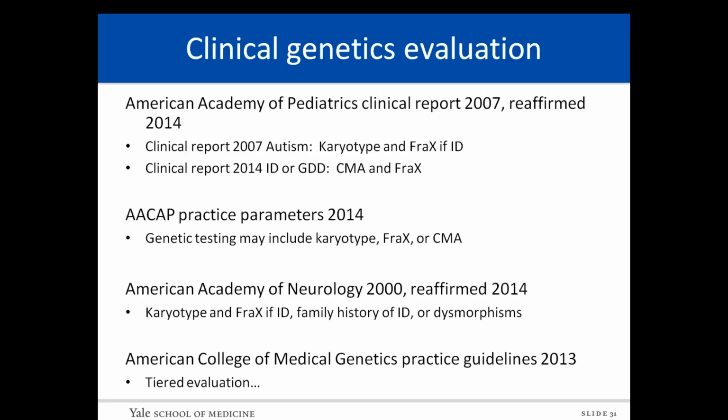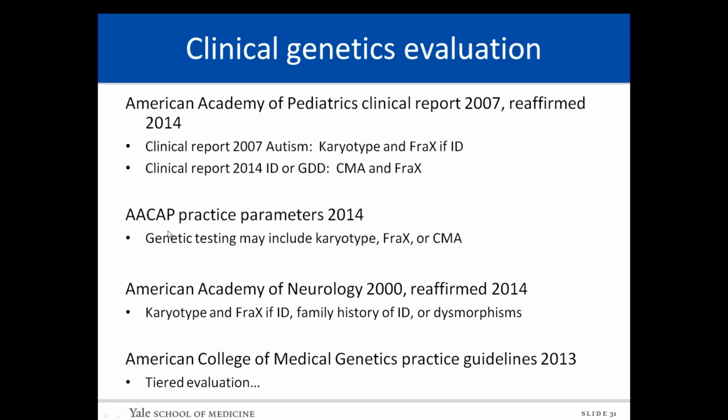A clinical report in 2014 looked at clinical genetics testing in intellectual disability and global developmental delay, and recommended, instead of karyotypes, looking at chromosomal microarrays. And this is why I wanted to show you that slide explaining the difference between the two, because it turns out that CMAs are higher yield than karyotypes, and also Fragile X testing.